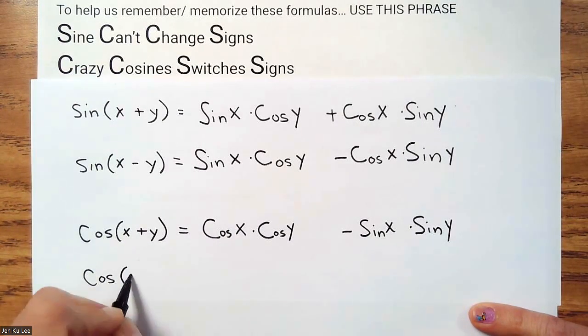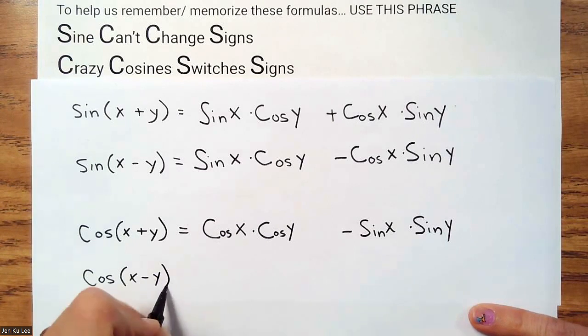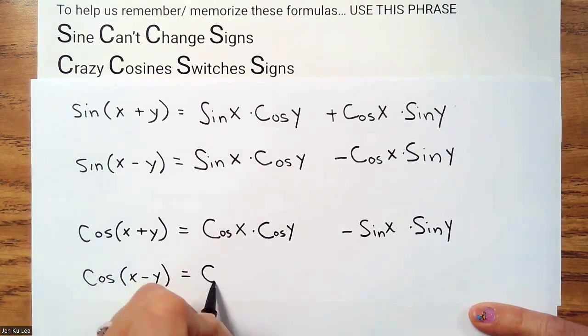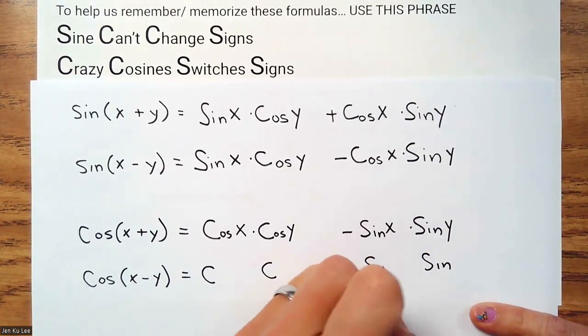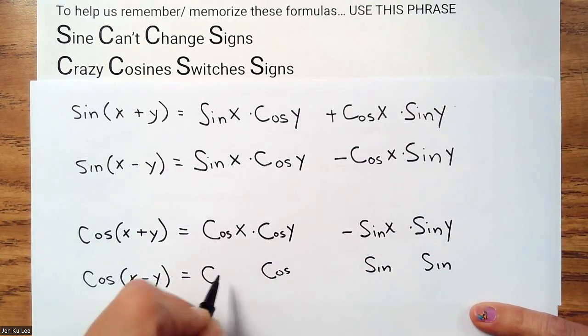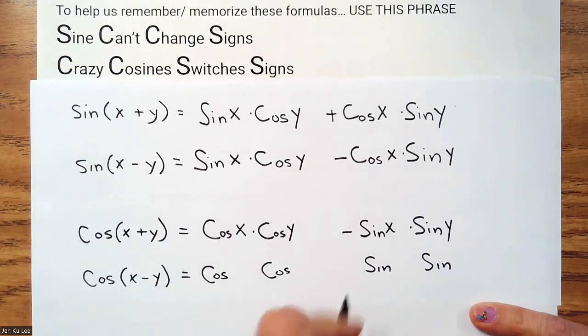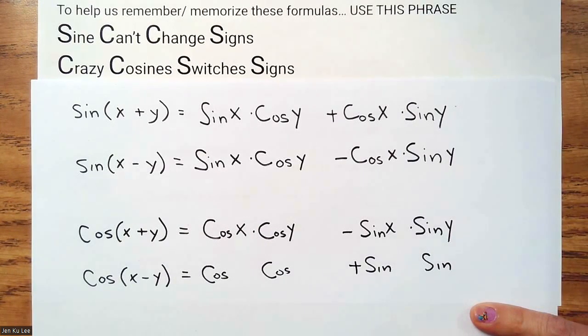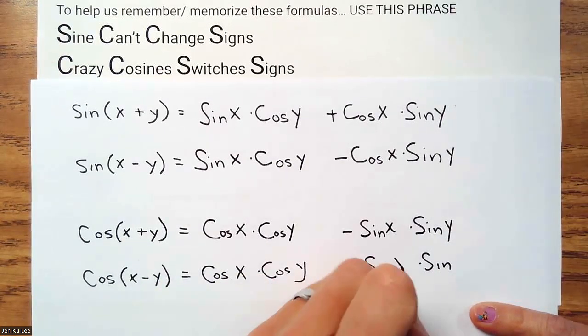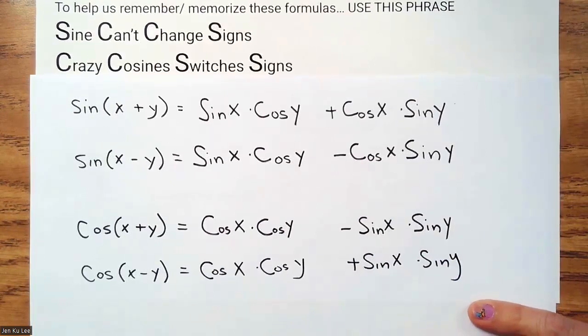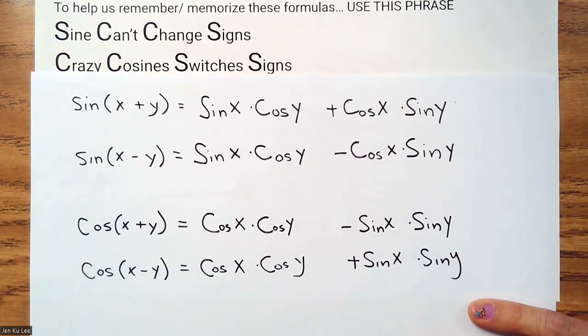And to get my difference, crazy cosine switches sine. Again, S stands for sine, C stands for cosine. Since that's a minus, this is going to be a plus because it's crazy. And then I know I'm going to be multiplying them, and it's going to be alternating my variables or my degrees or my angles.